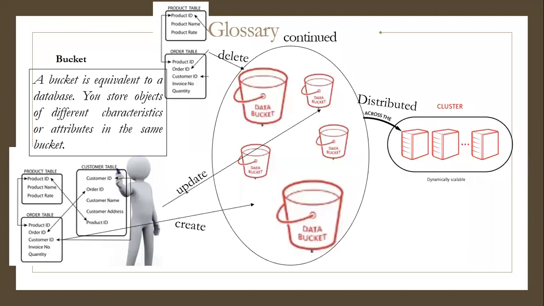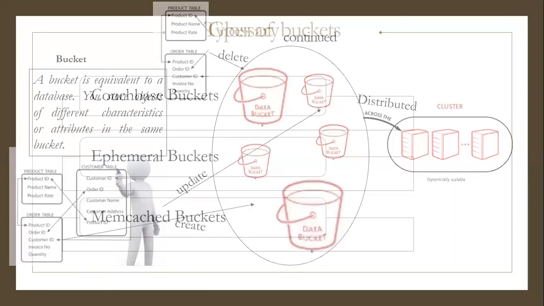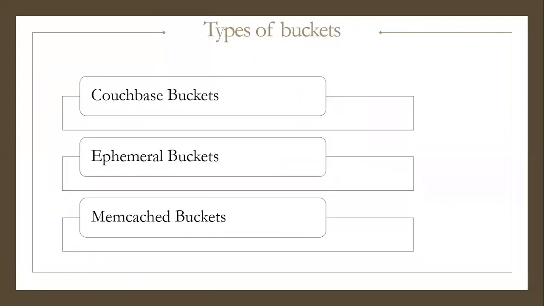Here only buckets. Based on the usage, you will have different types of buckets. Couchbase provides different types of buckets based on your preference or purpose, and you can use that particular bucket type. So this is about what a bucket is and how we are going to save the documents in it.